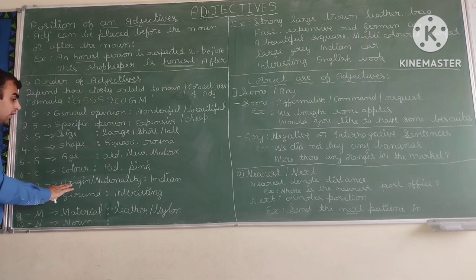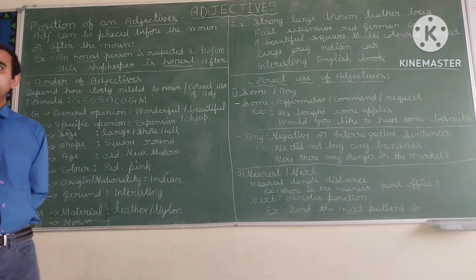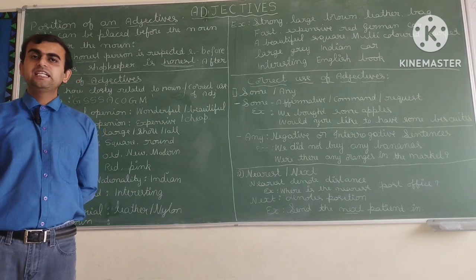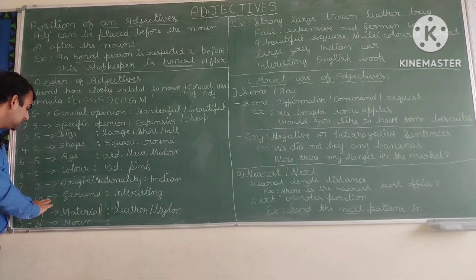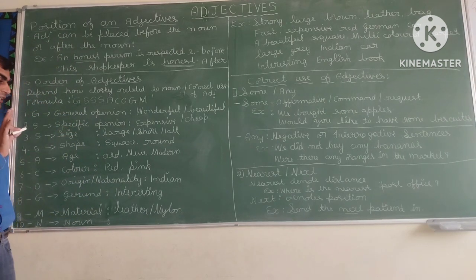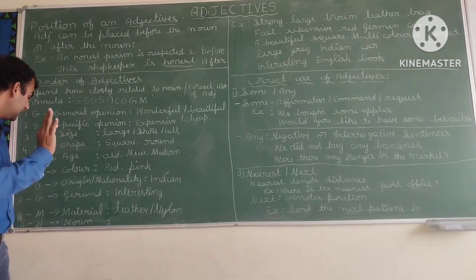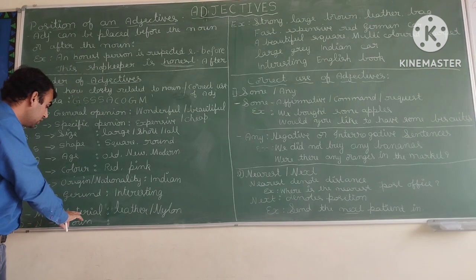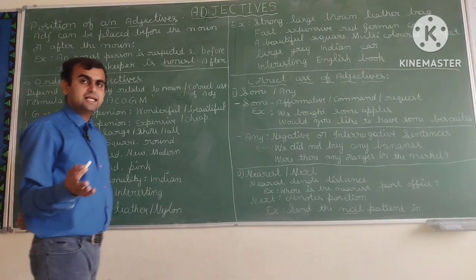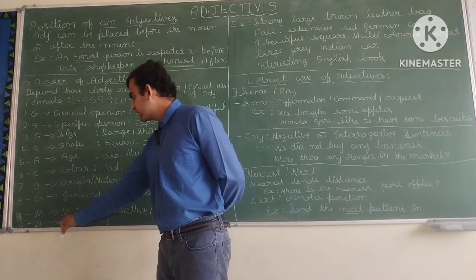O stands for origin or nationality, example: Indian, Chinese, etc. G stands for gerund, interesting. M stands for material, it can be leather, nylon, and finally comes the noun.